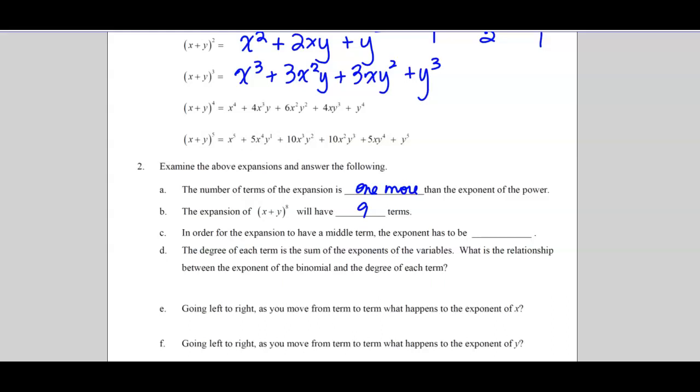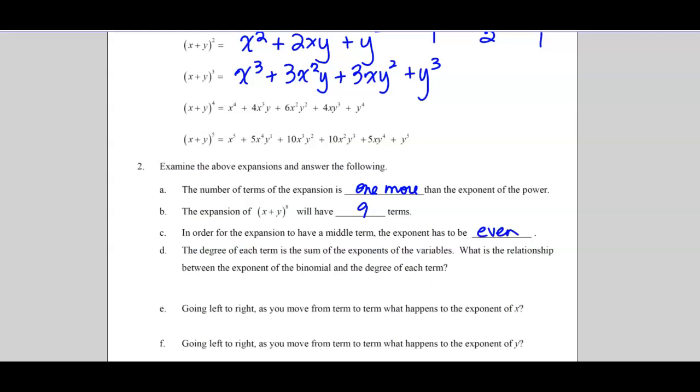It's like calculating the median in stats. So if there's an odd number, the median is the middle one. So what do we know about the exponent? It's even. If the exponent was 7, we would have 8 terms. So there would be 2 middle numbers. There wouldn't be exactly 1. So in order for the expansion to have a middle term, the exponent has to be even.